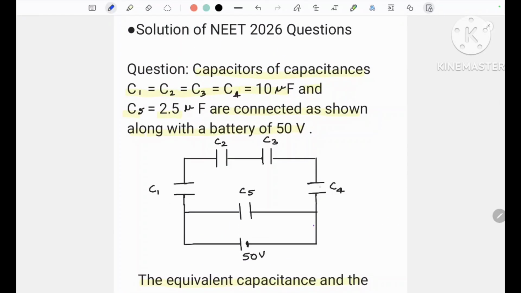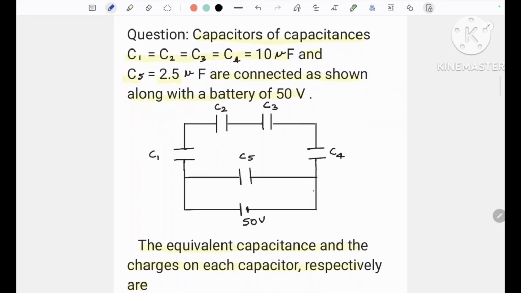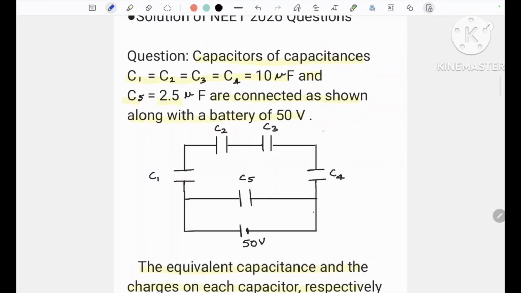C1, C2, C3 and C4 are in series. Suppose इनका resultant is C dash.